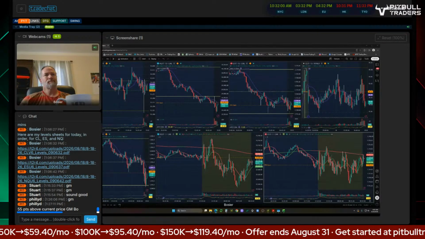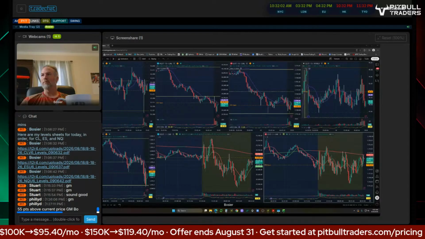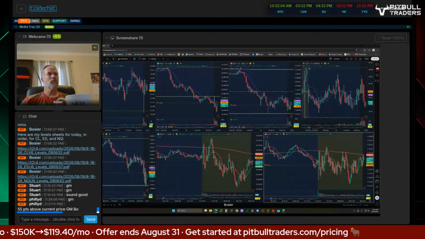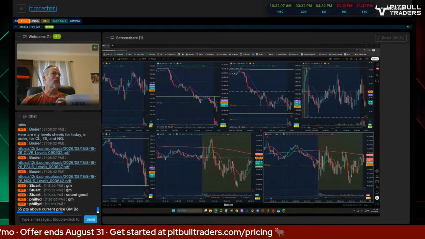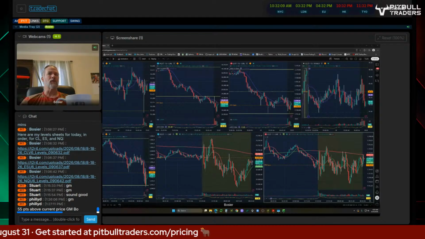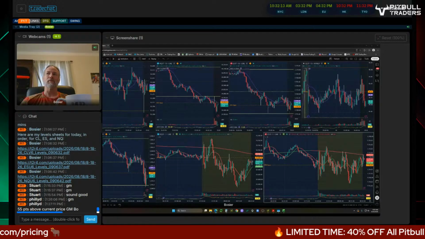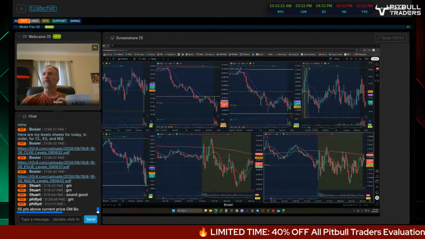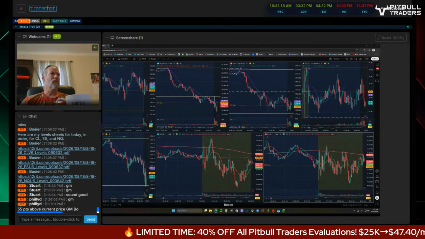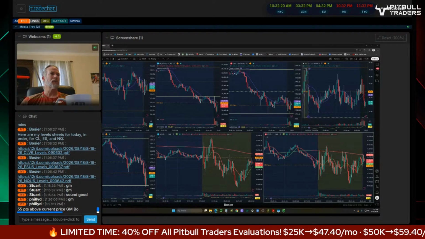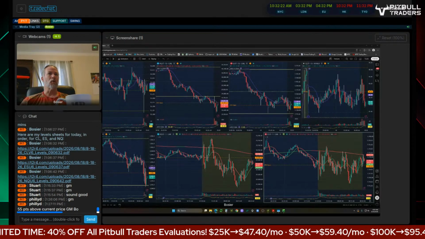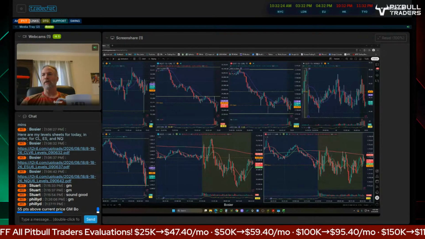I think this could be a pretty easy gap fill. It's not behaving the way most of the gap fill rallies have behaved, right? Think about that for a little bit, because oftentimes when we have these gaps, they just open them and buy the shit out of them and face rip them straight out of the gate.